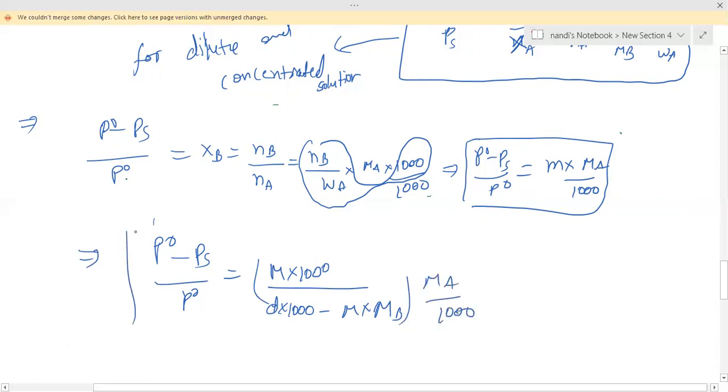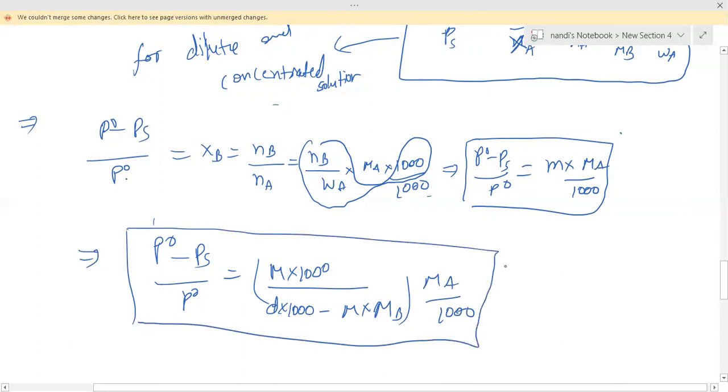So in terms of molarity also they can give relative lowering of vapor pressure. I hope you understood this derivation. All these derivations I provided in my previous videos; if you need any, you can check them.